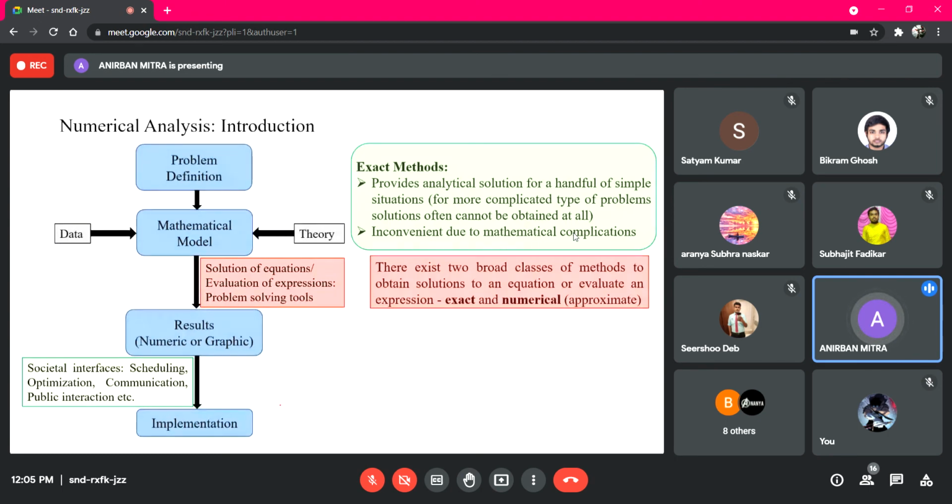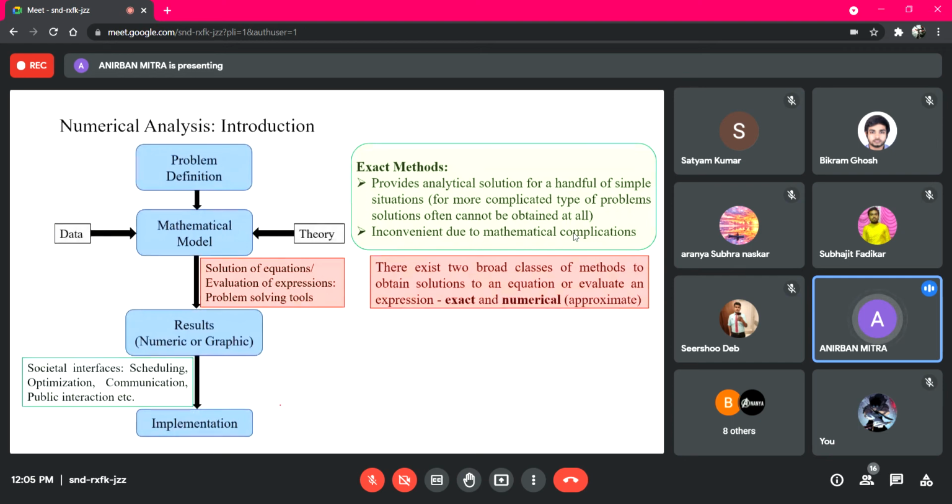If you think of any derivations that you have performed in your strength of materials classes, the first thing that you do is take certain assumptions, is it not? Those are the simplifying assumptions. On the basis of that, the problem is simplified, and then only the exact methods can be applied to solve them. So obviously, it does not work for more complicated problems.